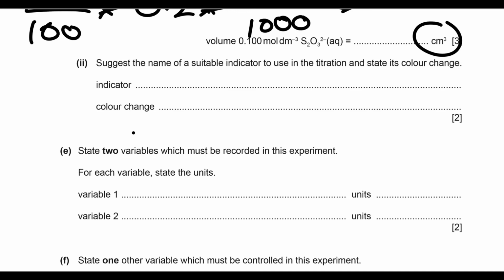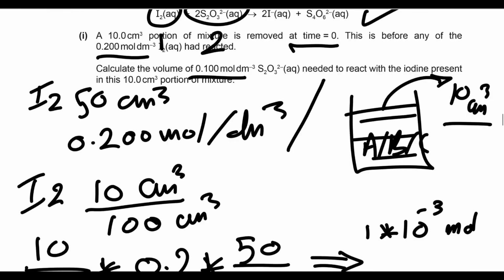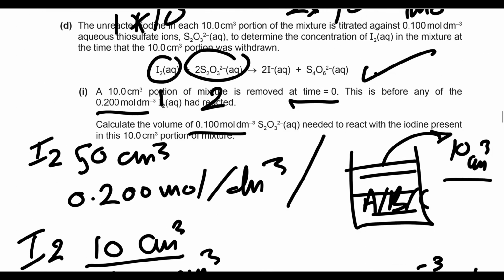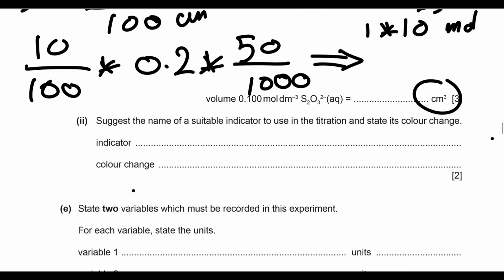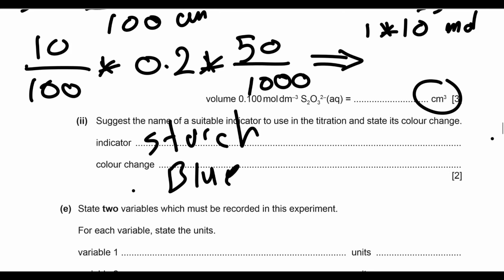Put it in your mind, always when you have this reaction, iodine with thiosulfate, according to this chemical equation, you need to use a starch indicator, where the color change will be from very dark blue, or we can say black or blue, to colorless.